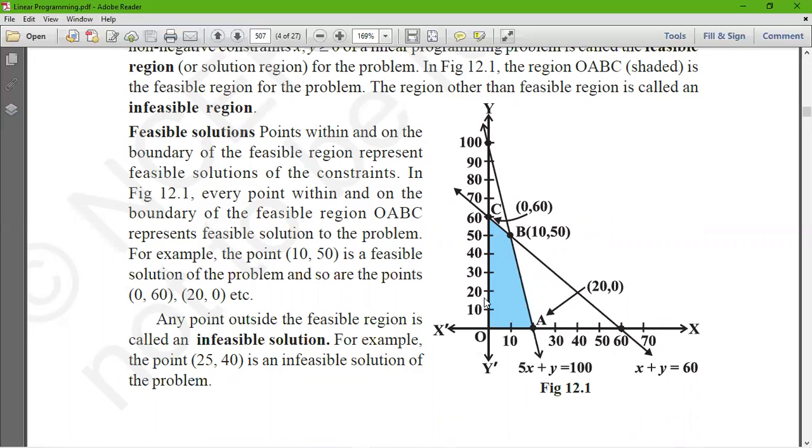For example, the point (10, 50) is a feasible solution of the problem, and so are the points (0, 60), (20, 0), etc. Any point outside the feasible region is called an infeasible solution. For example, the point (25, 40) is an infeasible solution of the problem.